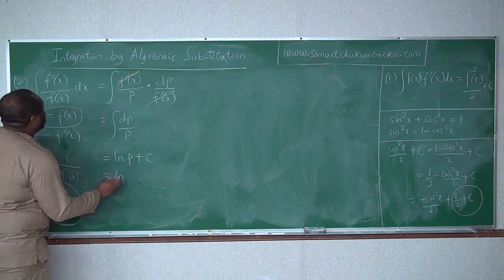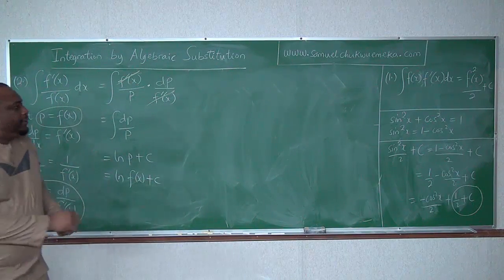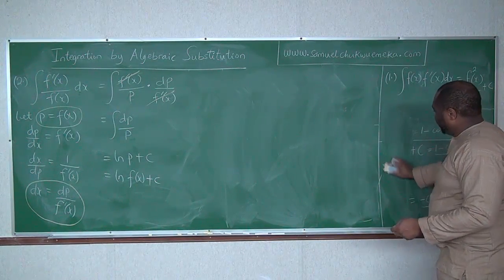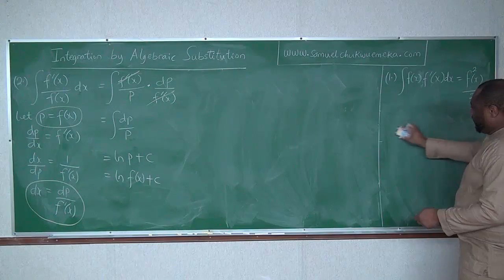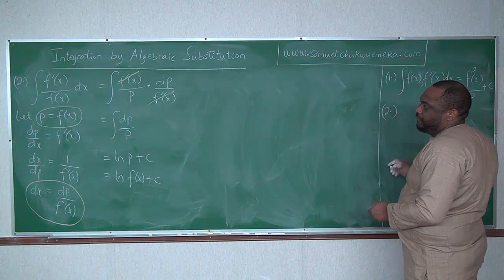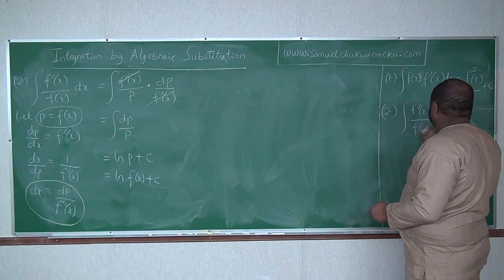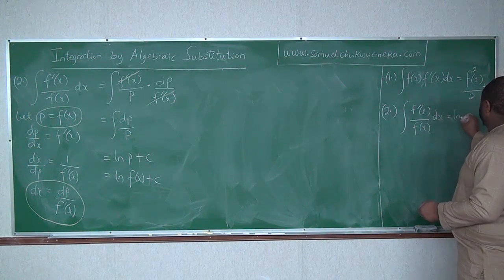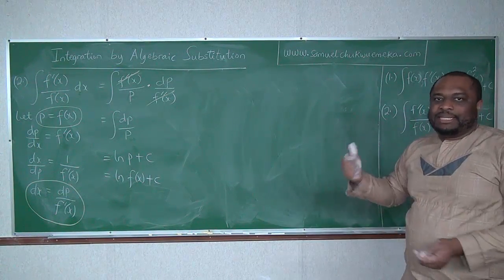So ln P is ln f of x plus C. So let us write it here as number 2: if we have f prime of x over f of x dx, this gives us ln f of x plus c. That is a standard integral.